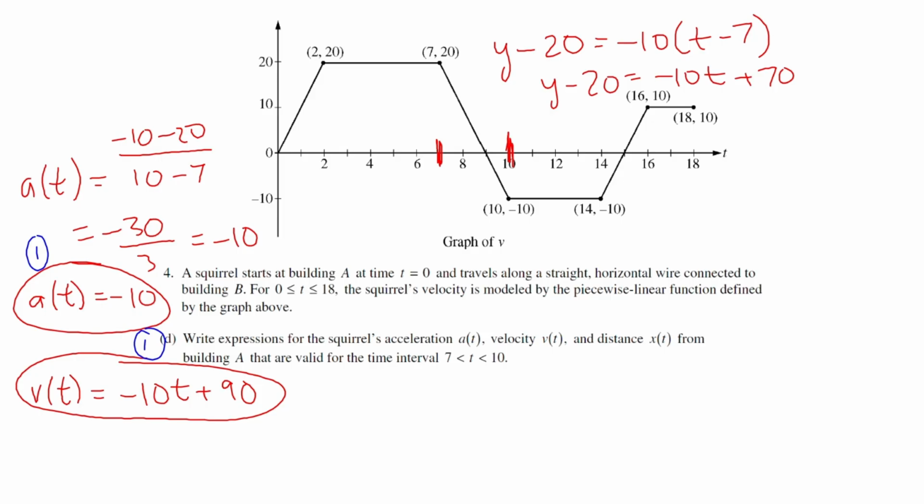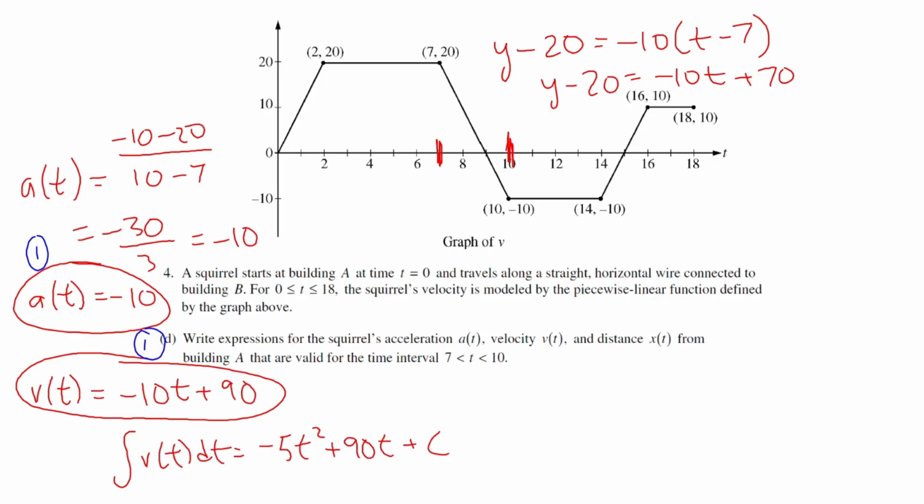Now, lastly, we need to come up with a function that represents the position on that interval. Well, the position is the integral of the velocity, right? We know that. So what we're going to do is we're just going to integrate v of t here, the integral of v of t dt, well, that should be negative 5t squared plus 90t plus some constant.